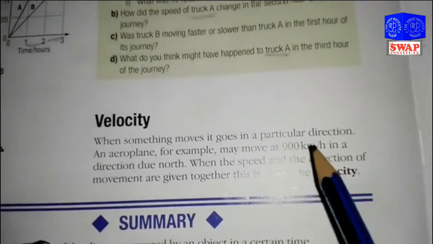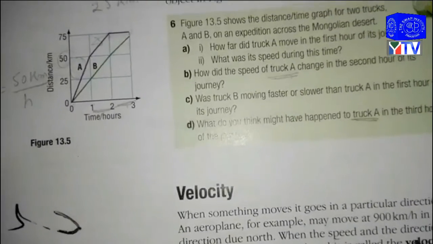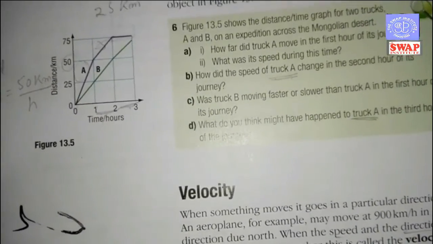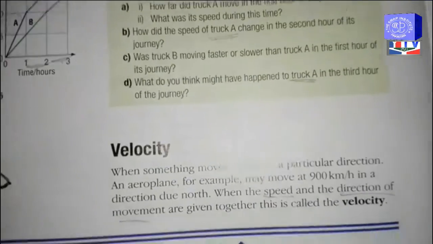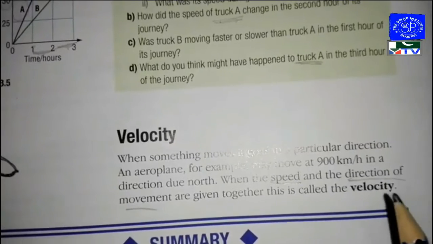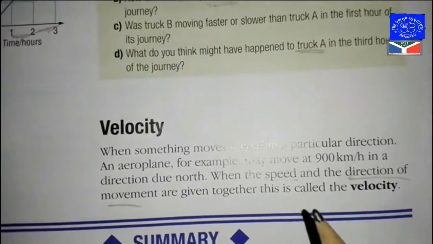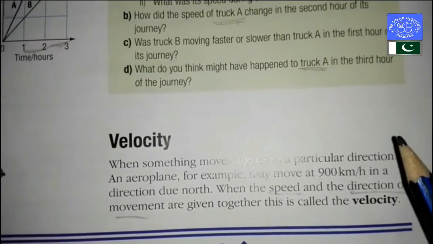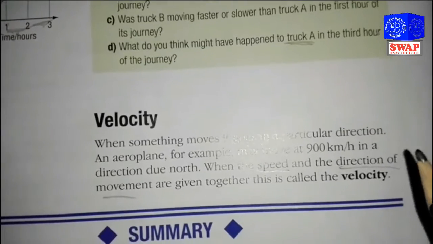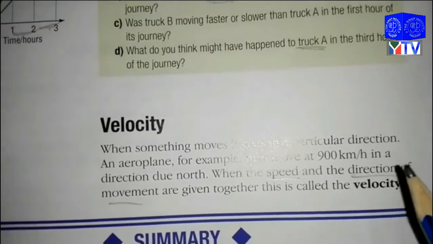When the direction of movement and speed are both taken together, this is considered the velocity of an object. In other words, the speed of any object will be equal to the velocity of the object if no direction is changed.